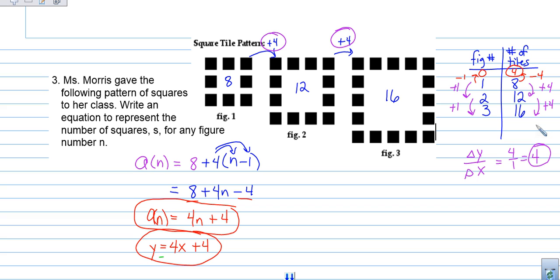So we get 4 as the y-intercept as well. So y equals 4x plus 4. So either way you do it, you get y equals 4x plus 4.